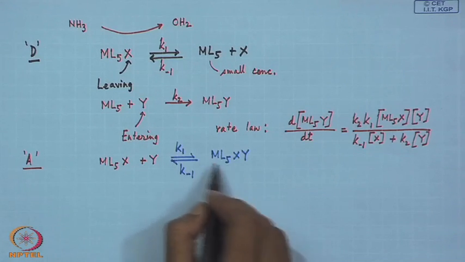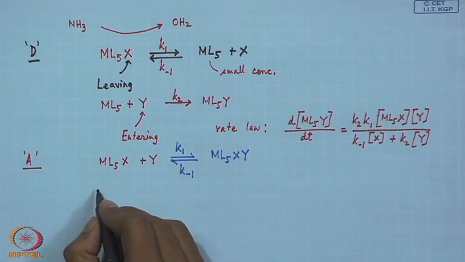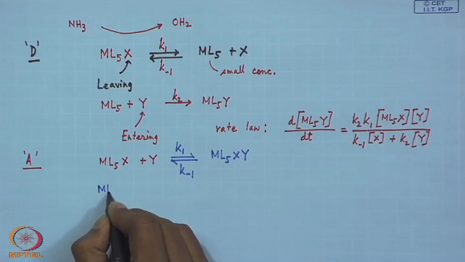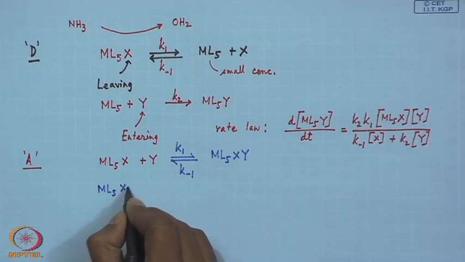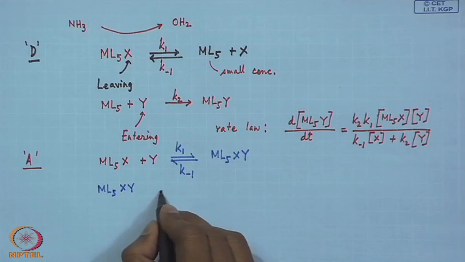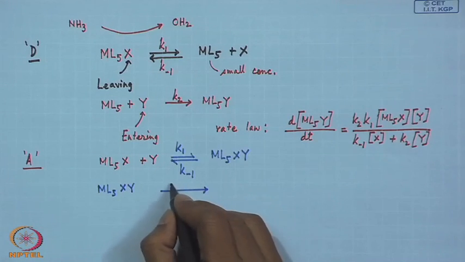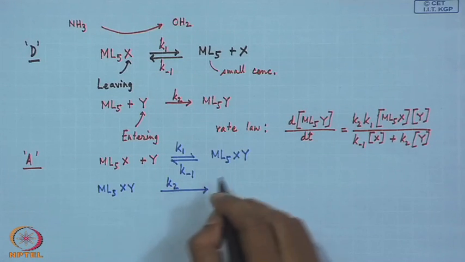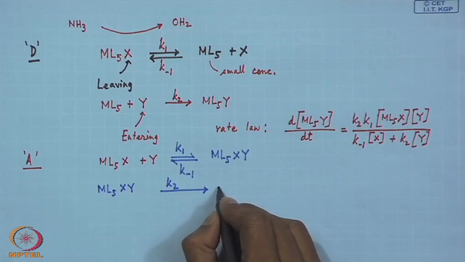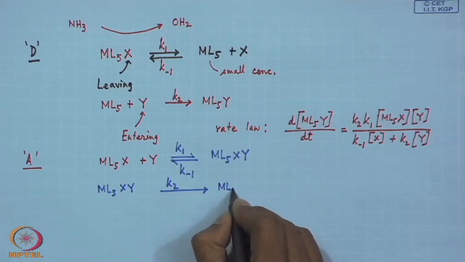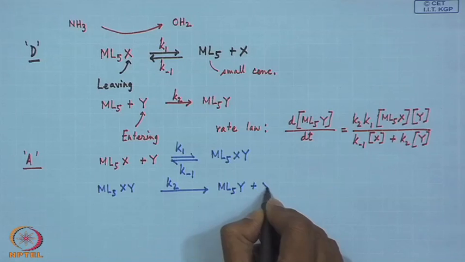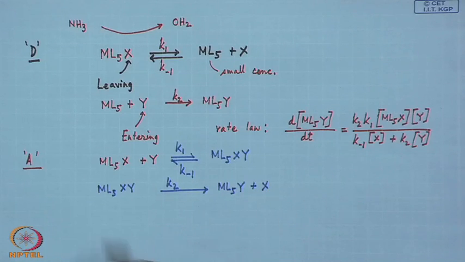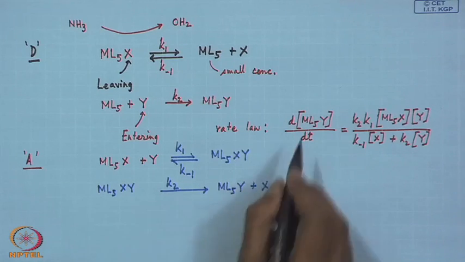Then in the second step, this particular associated form, ML5XY, is going for the elimination of the X, giving rise to ML5Y plus X.